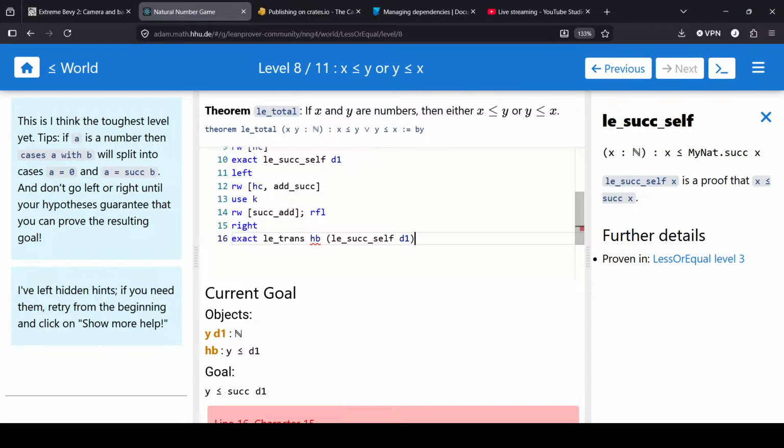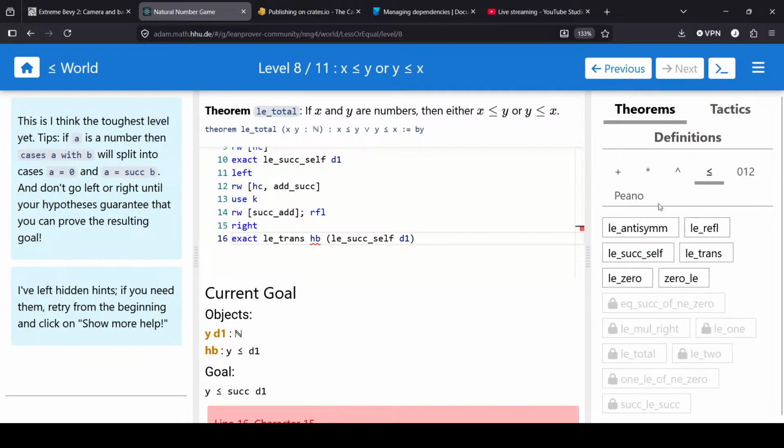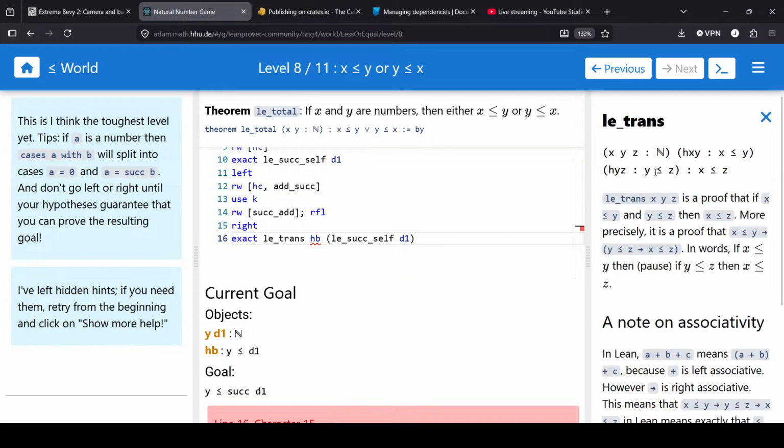Oh man. LE trans has 5 arguments? Oh, it does. It takes x, y, and z. I did not see that.